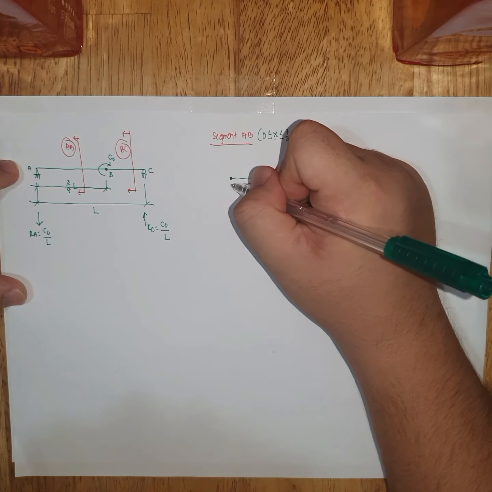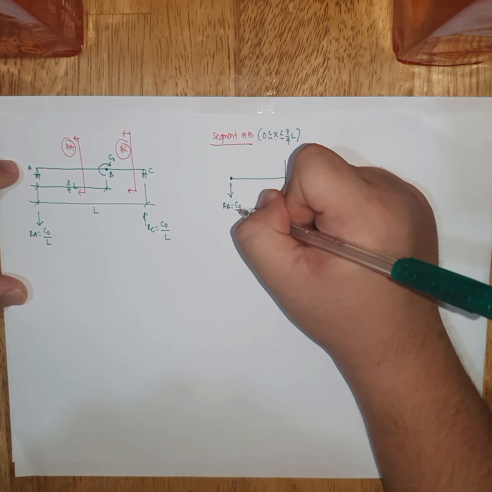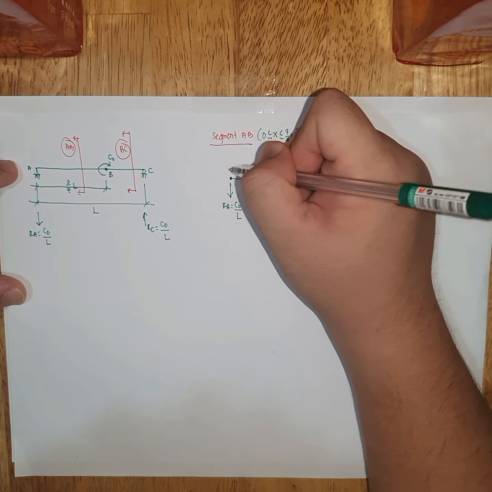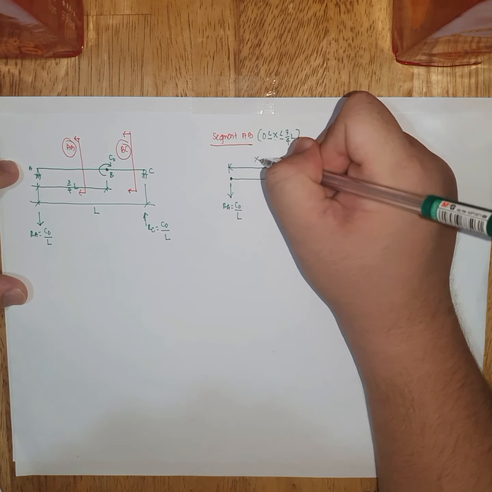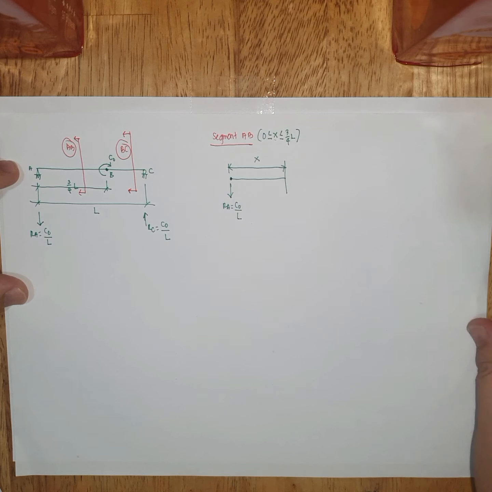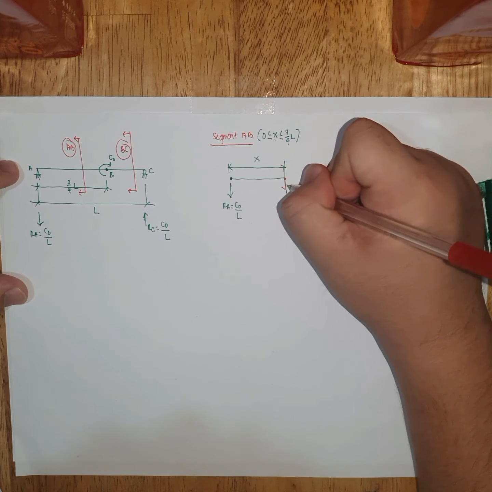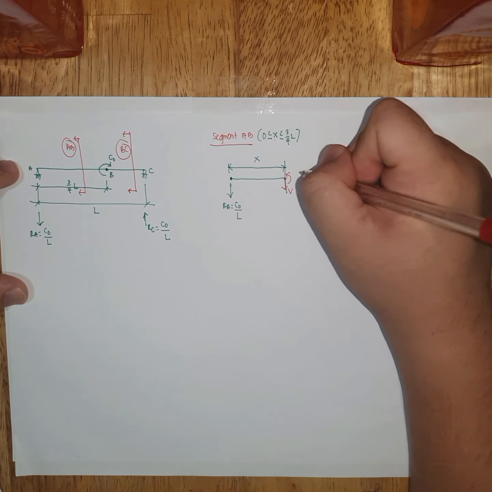Okay? Then meron tayong RA na applied sa kanya na downward, C sub O over L. Then distance ng left support papunta kay cutting plane is X. Okay? Then yung positive sense na naka-apply sa atin, si V downward. Then si moment is lagging counterclockwise.